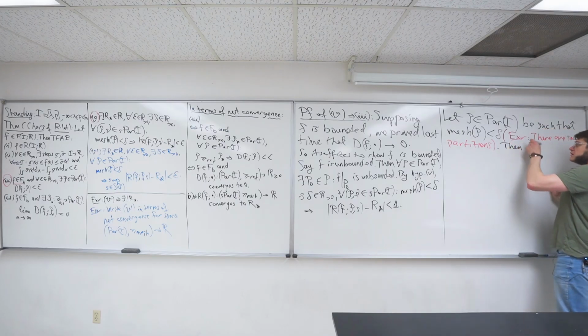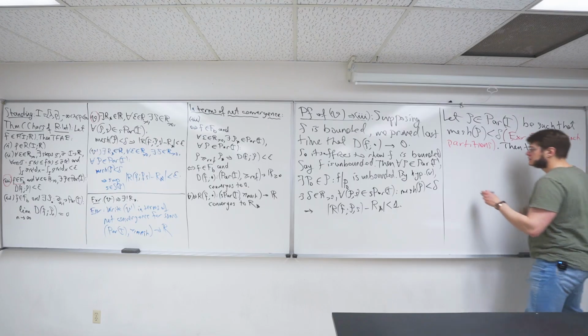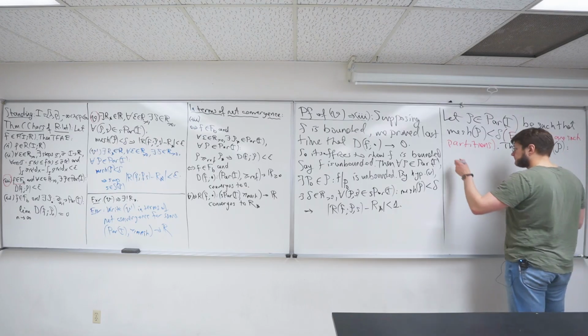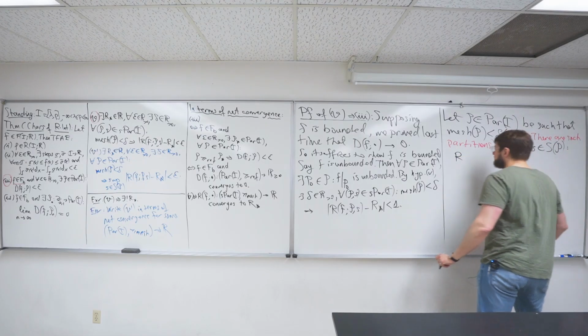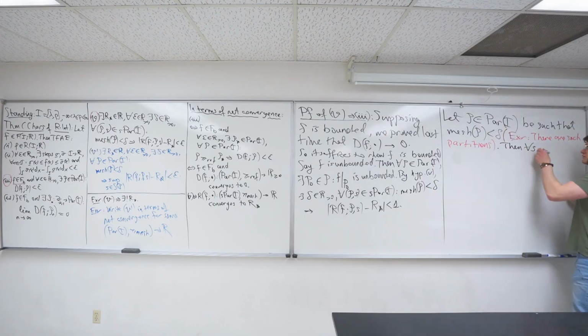And for any sampling function, this was the set of all sampling functions adapted to P. So for each pixel, S associates one point in that pixel. In fact, let me do it this way. I'm going to take two different sampling functions, S and T.